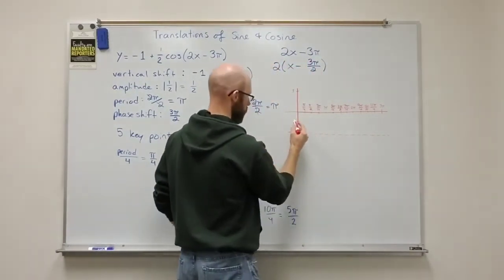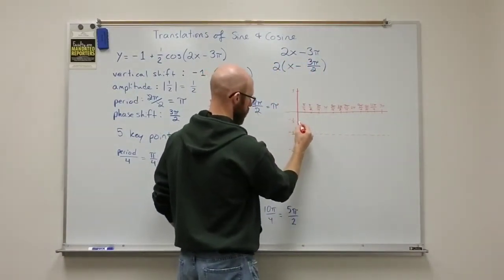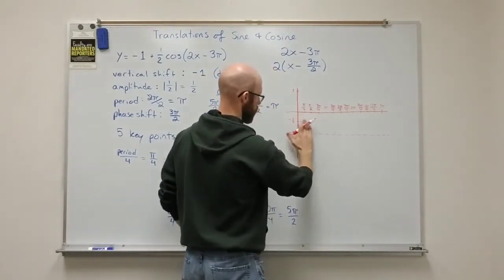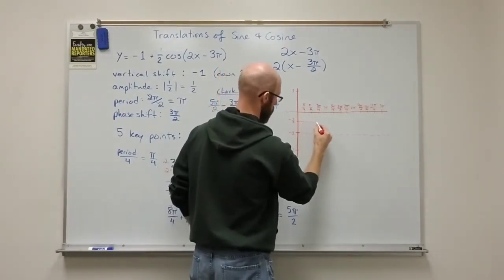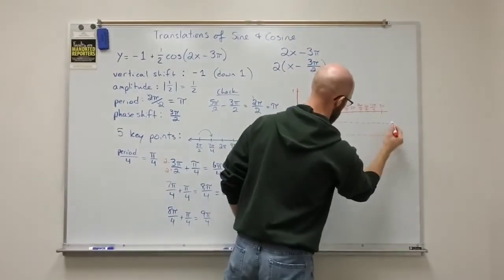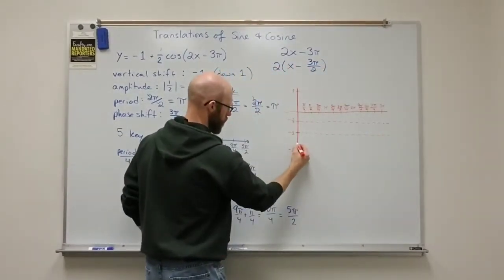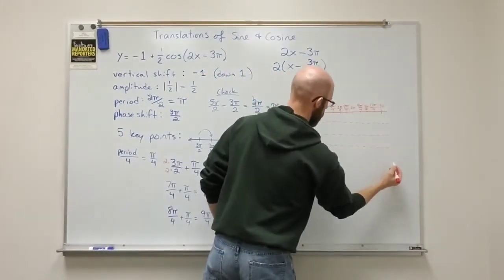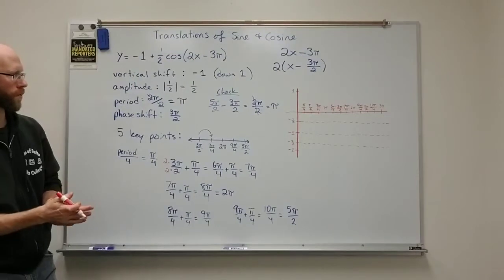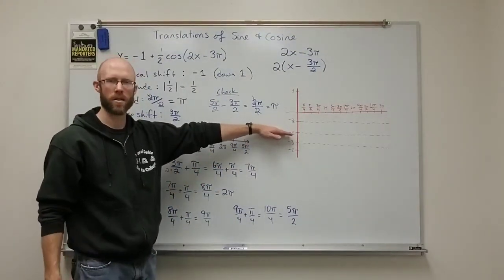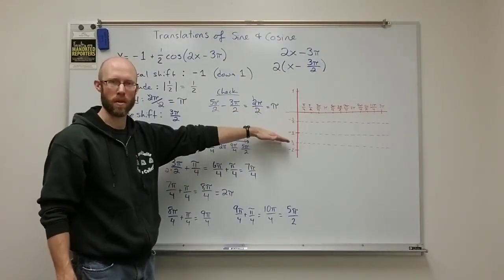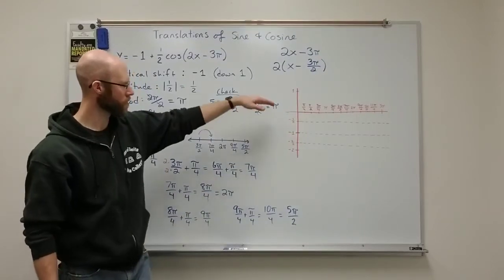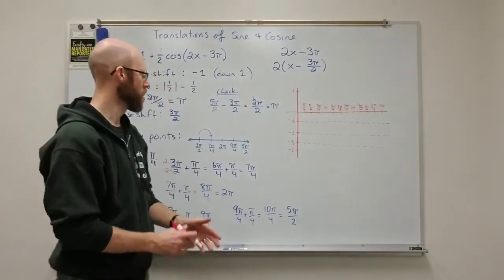Then here at -1/2. And then down here at -3/2. Okay, so that looks pretty good. I've got my central axis here at -1, and then my maxes and my mins at -1/2 and -3/2.